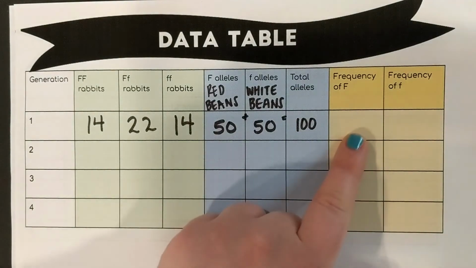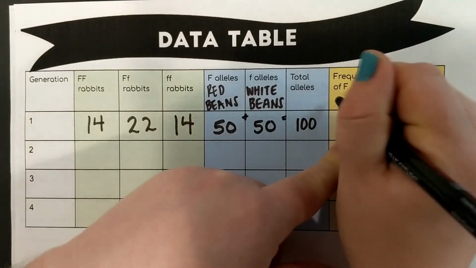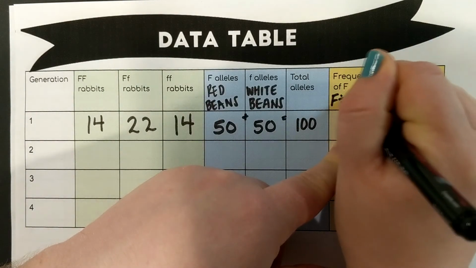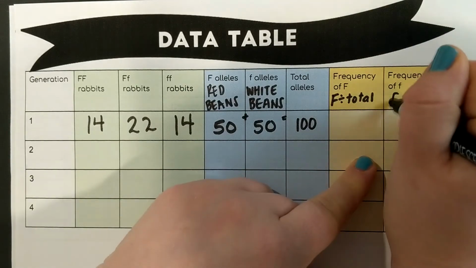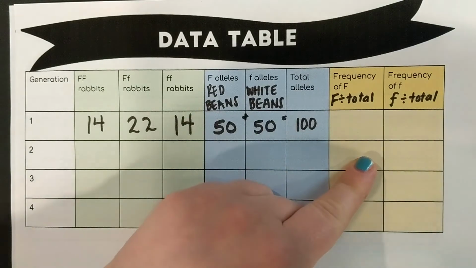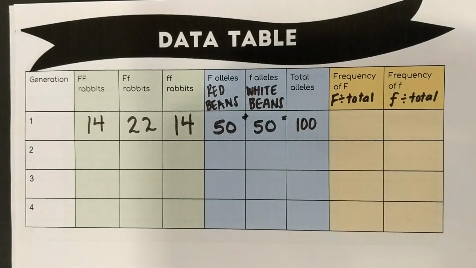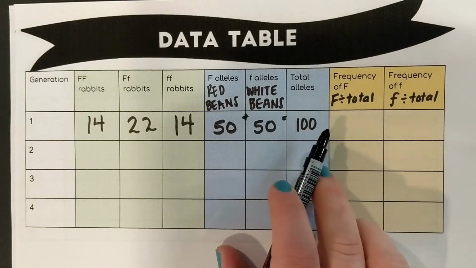Okay, now the frequency is a little different. So we're going to do big F divided by the total, and then the frequency of little f is little f divided by the total. I know we all think we're math geniuses, so we'll say, oh, big F 50 divided by the total 100, that's 2.